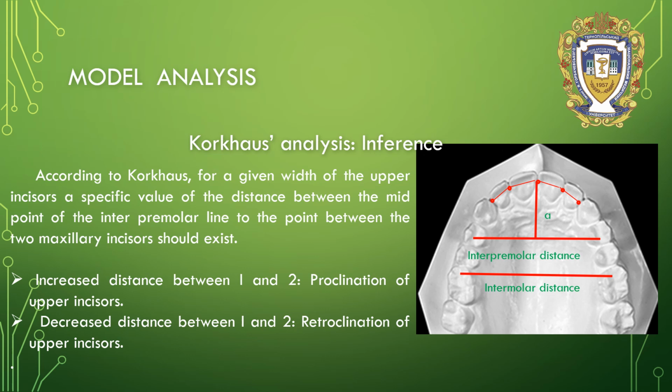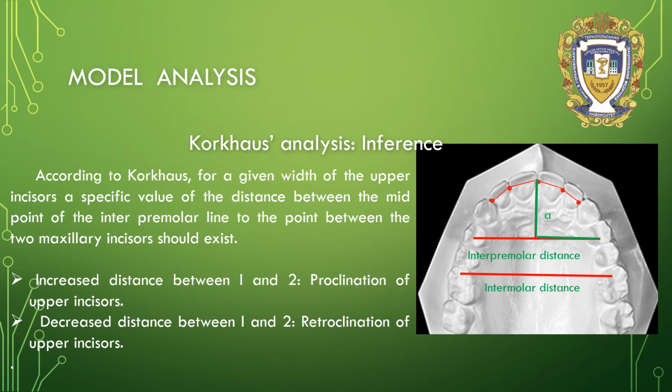And an increased distance between the first and second point means proclination of upper incisors, and the opposite correlation in case of a decreased distance between the first and second point means retroclination of upper incisors.